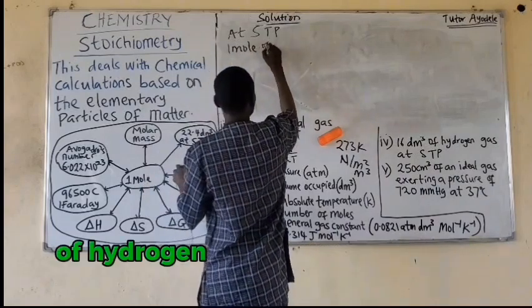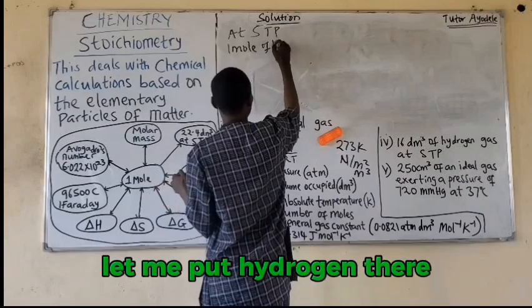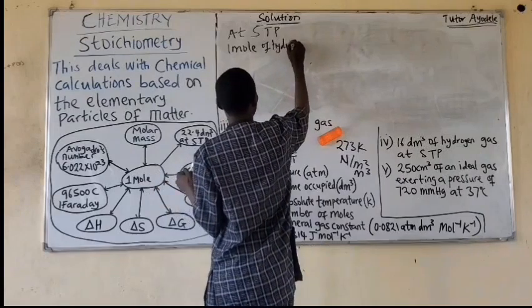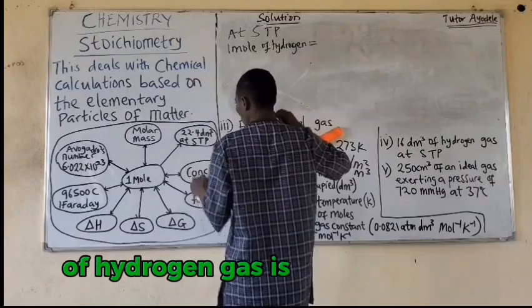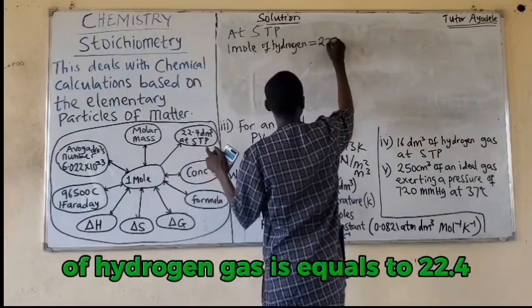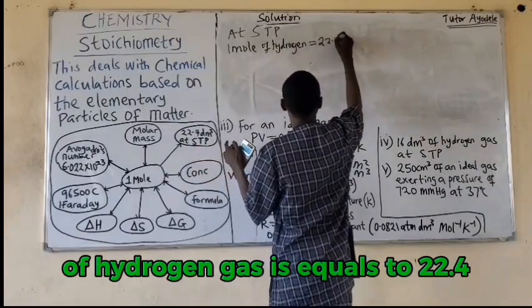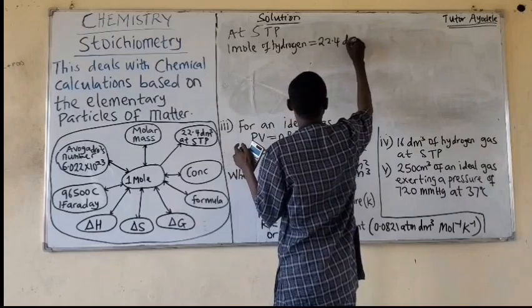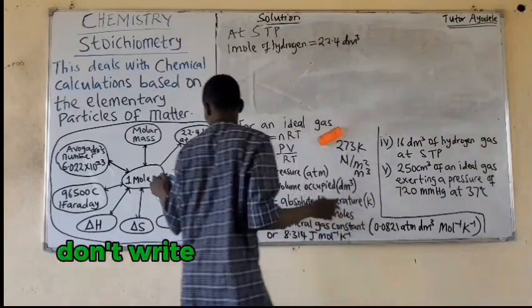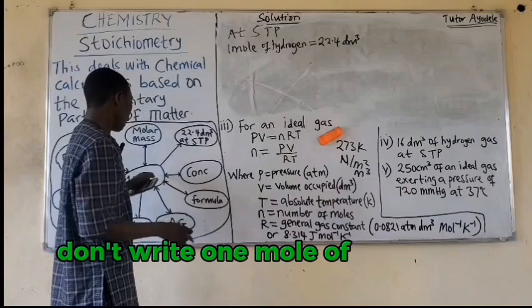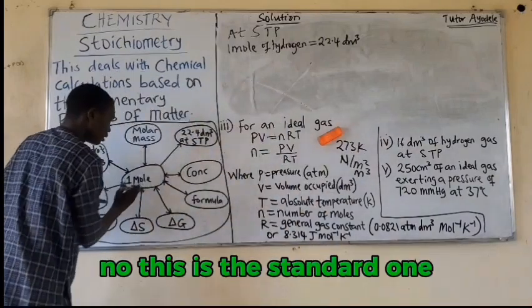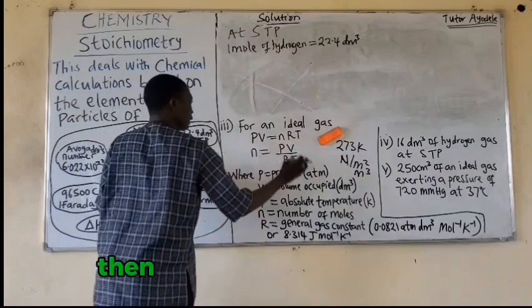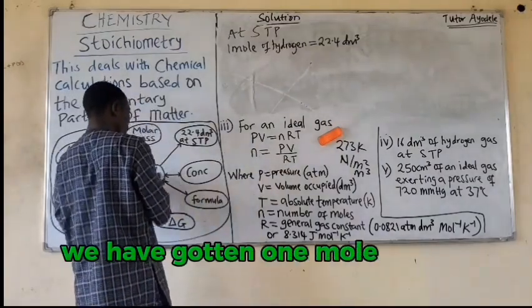Since we are dealing with hydrogen, let me put hydrogen there. 1 mole of hydrogen gas is equal to 22.4 dm cube. This is the standard one. 1 mole of this is equal to this.